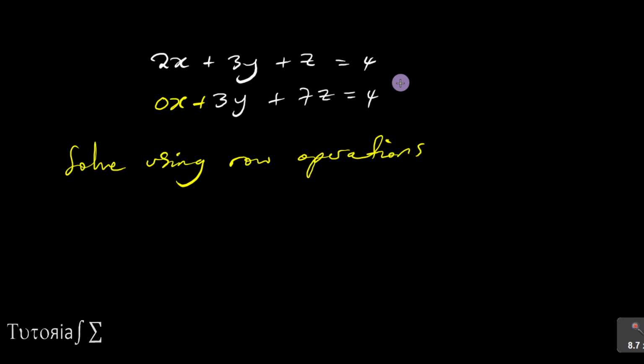Now what we have to do here is we will change this into a matrix, which is a blocked matrix. So what we do is we say this will become 2, down here we have 0, then we say 3, down here we have 3, then we say 7.